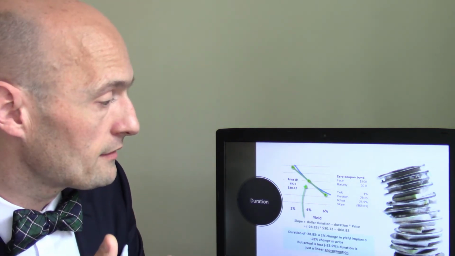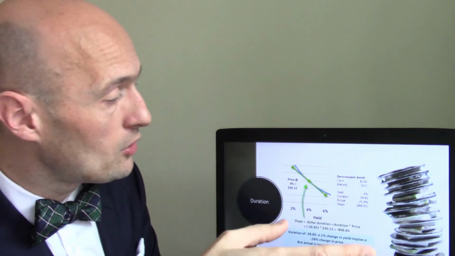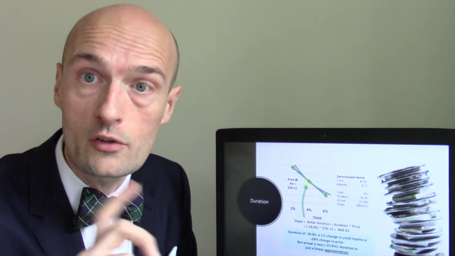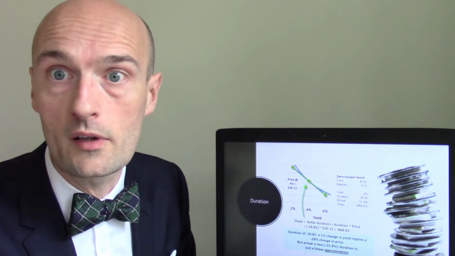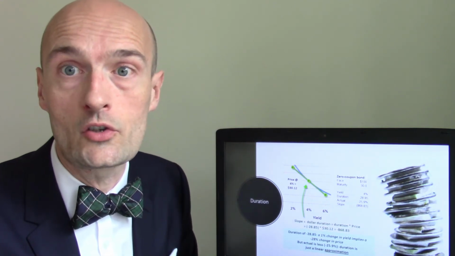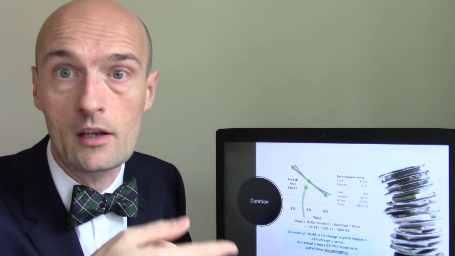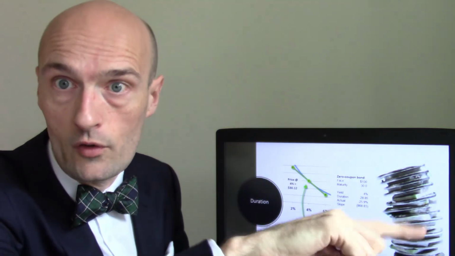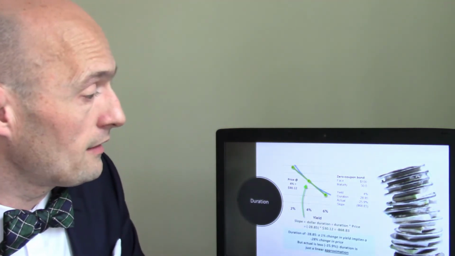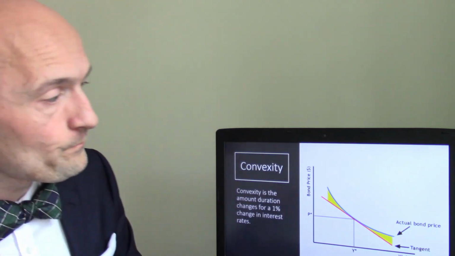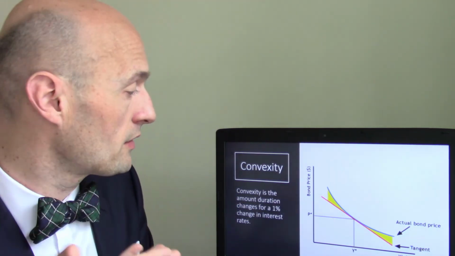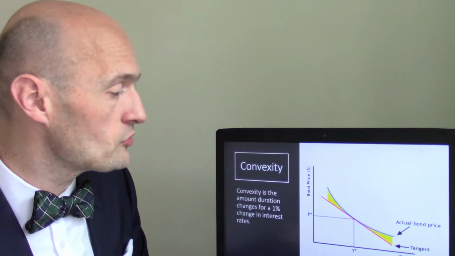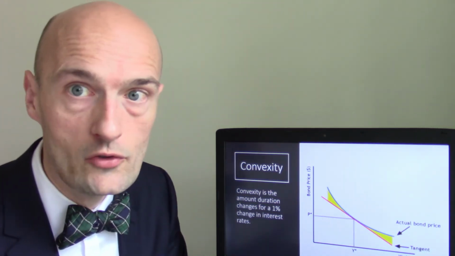So that also means that duration works quite well for small changes in interest rate, for a 1% change, but for very large changes, it's not as accurate, simply because the estimate moves away from the curved function that it is estimating. And that then brings us to convexity. Convexity is the amount that duration changes for a 1% change in interest rates.